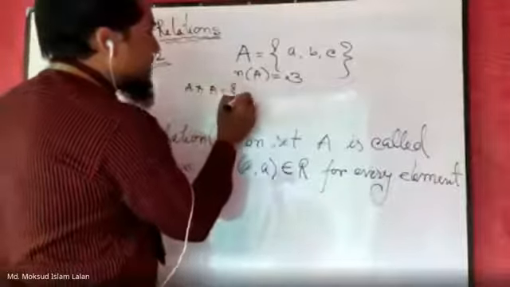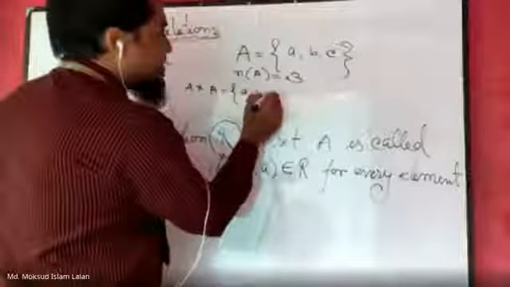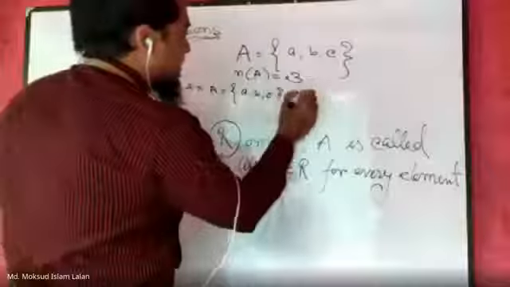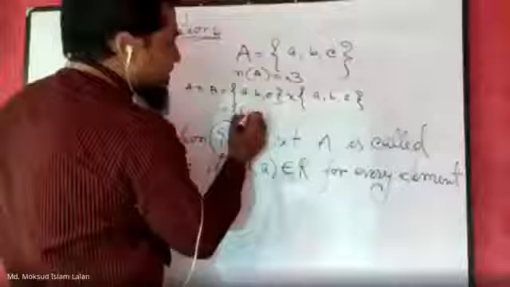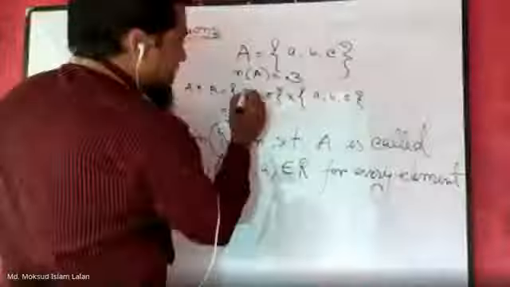That is the cross product, right? It's called the Cartesian product. So how can you find A cross A? The ordered pairs are (a, a), (a, b), (a, c), (b, a), (b, b), (b, c), and so on. So how many elements will be there?